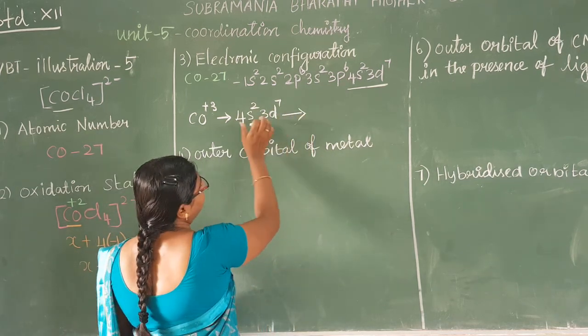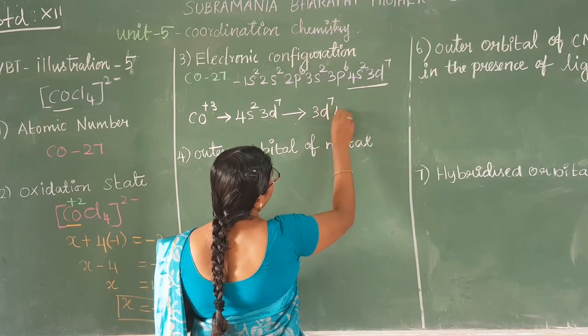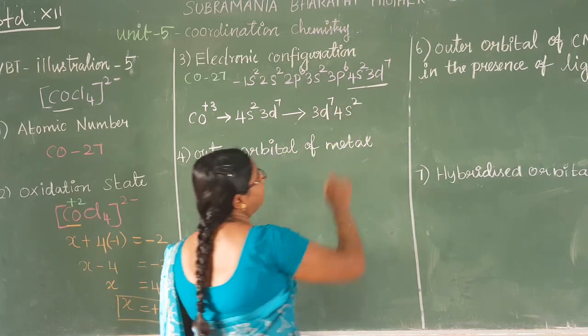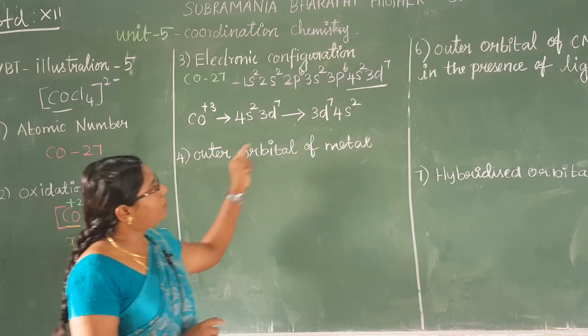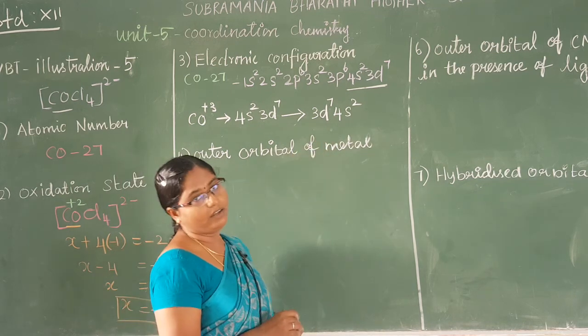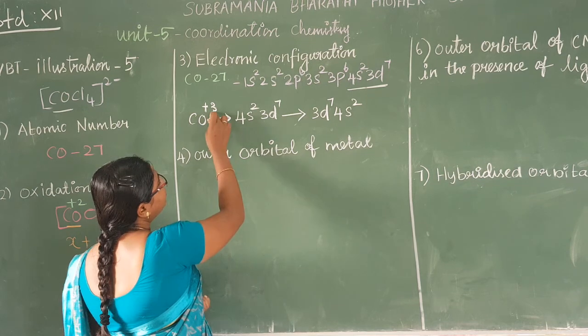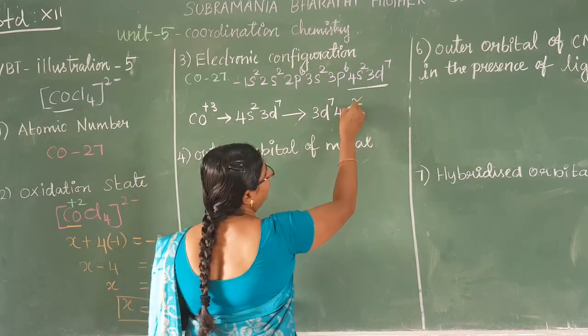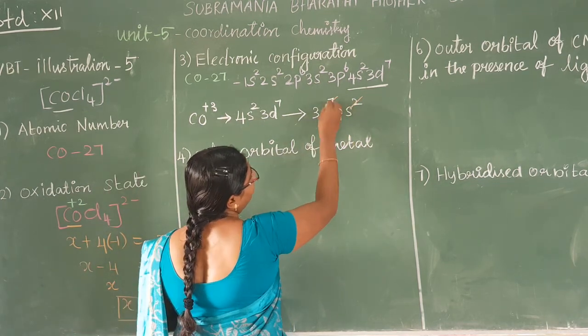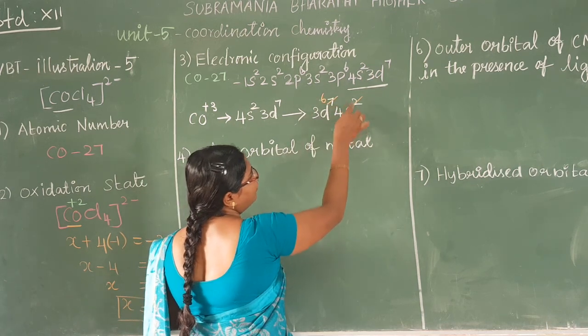So, let me rearrange and write 3d7 4s2. Why I am writing like this: to remove the electron from the s orbital is easy when compared to the d orbital, and it is also a simple orbital. So, I am going to remove 3 electrons from here, 2 electrons from the s orbital and 1 electron from the d orbital. I will have 3d6 and 4s0.